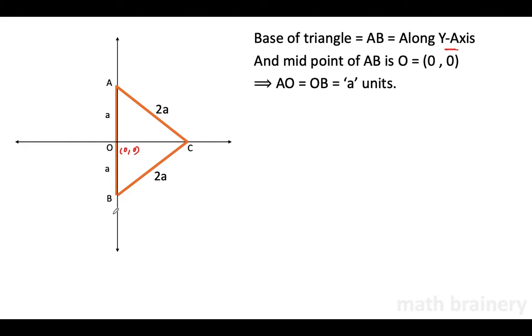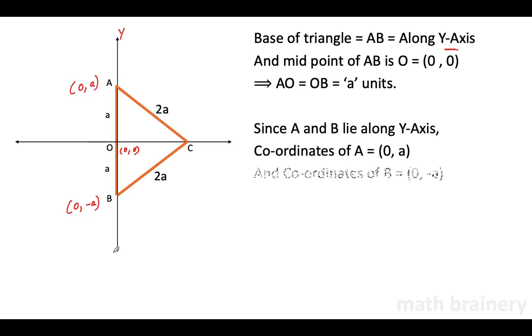Now because these 2 points A and B are on y-axis, the coordinates of A must be 0, a and coordinates of B must be 0, negative a, because A is to the positive side of y-axis and B is to the negative side of y-axis. So the coordinates of A and B are 0, a and 0, minus a. Now what we need to do?